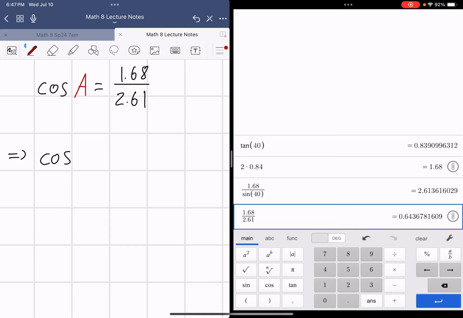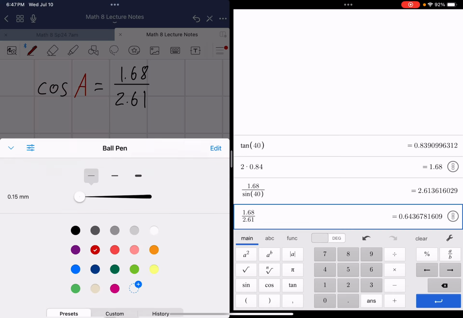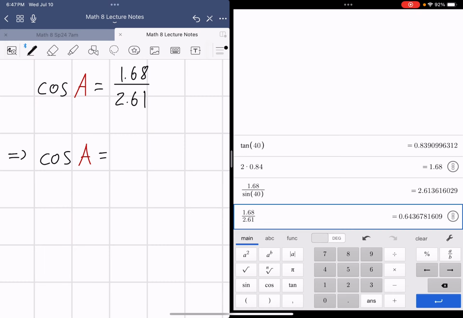Cosine of A is approximately, and again, I'm rounding to 2 decimal places. And let's not forget, we already know what this angle should be. Oops. You have to be careful.